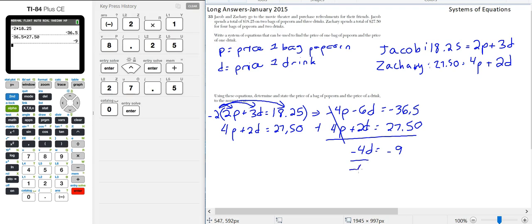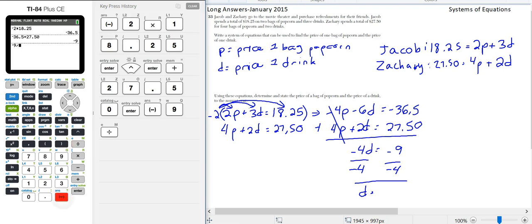We're going to divide by -4 and divide by -4. D is equal to -9 divided by -4, which is 2.25. That means the price of one drink is $2.25.